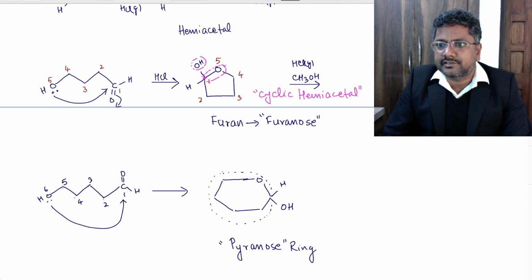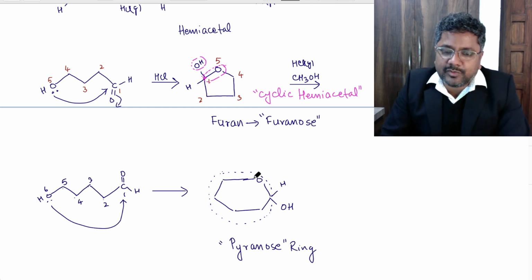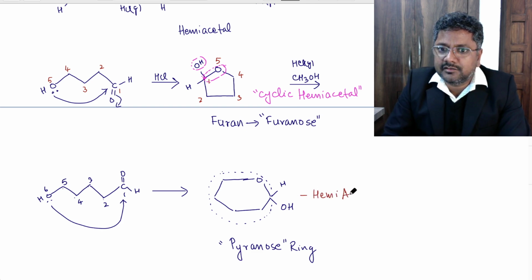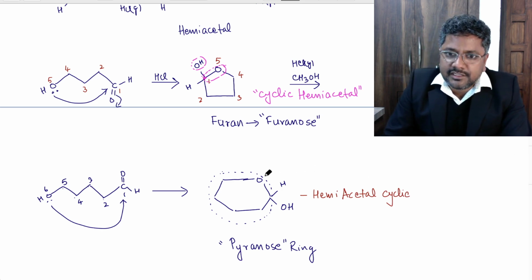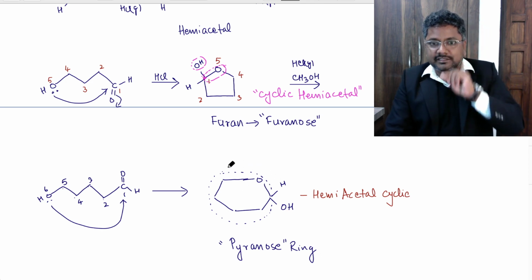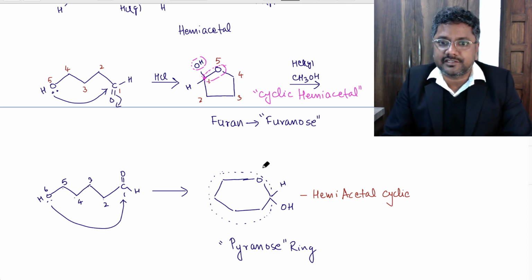And you know this OH group and this group is present here. So this is a cyclic hemiacetal, and one more thing is there. See this cyclic ether linkage. So this linkage is also termed an intra-glycosidic linkage.